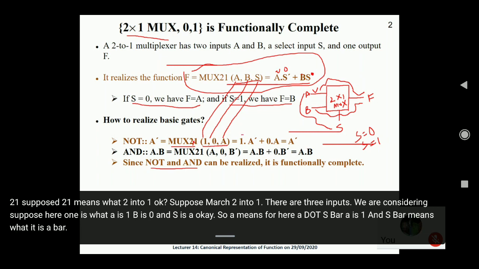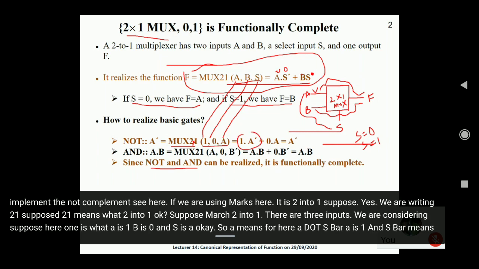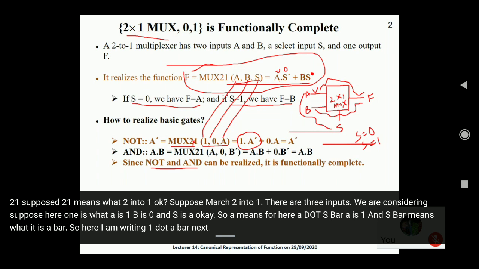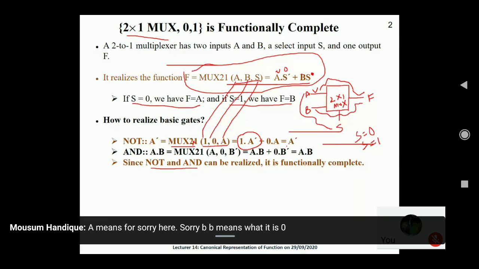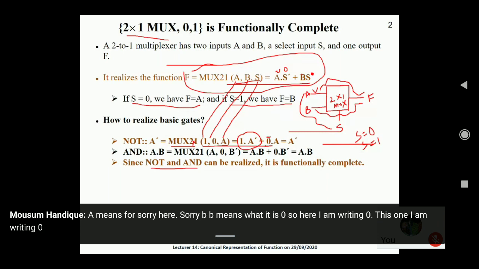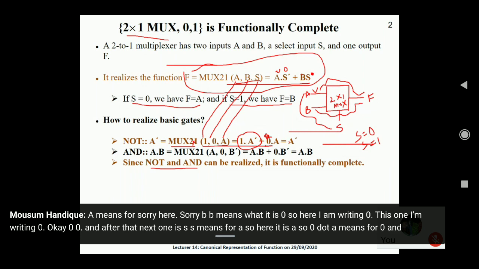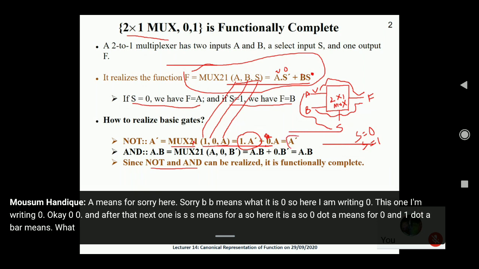So here I am writing 1 dot A bar. Next, B is 0, so here I am writing 0. Okay, 0, 0. And after that, next one is S, which is A. So 0 dot A means 0, and 1 dot A bar means this is the A complement. So we can successfully implement the NOT gate.